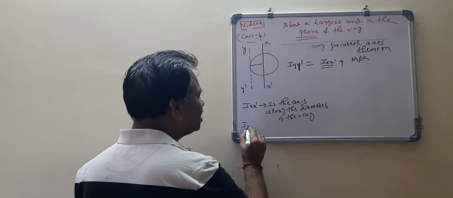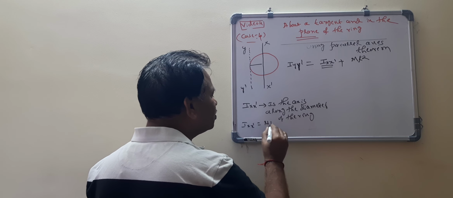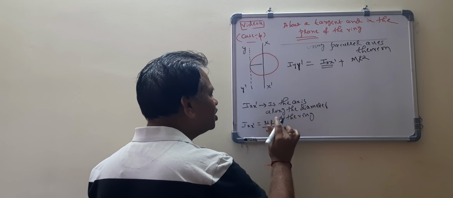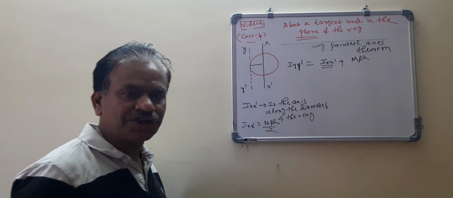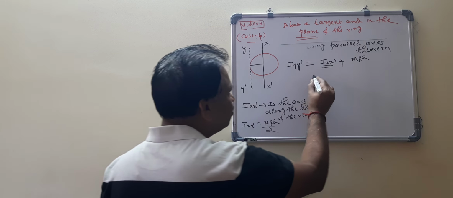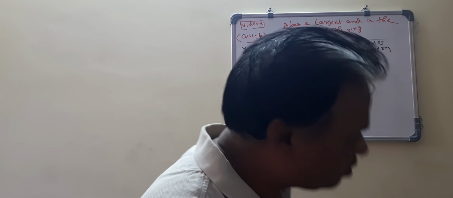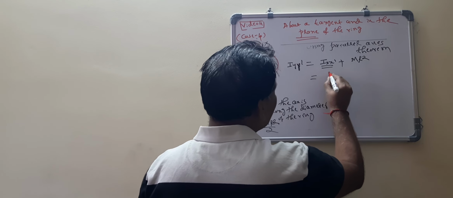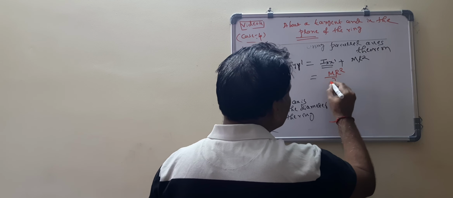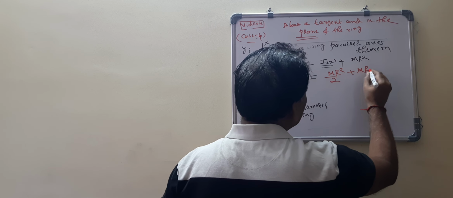This we know: I x dash equals m r square divided by 2, from case 1, recall it. Now I am writing I x dash equals m r square by 2 plus m r square.